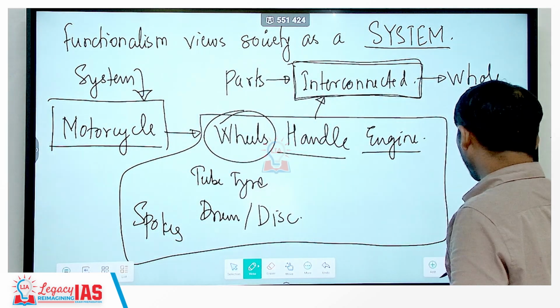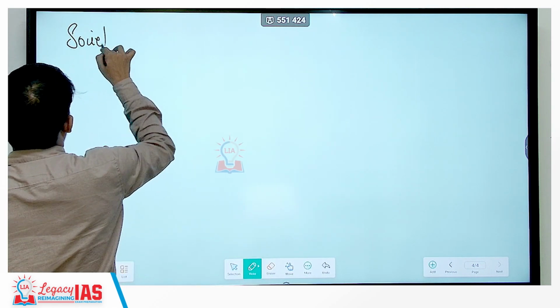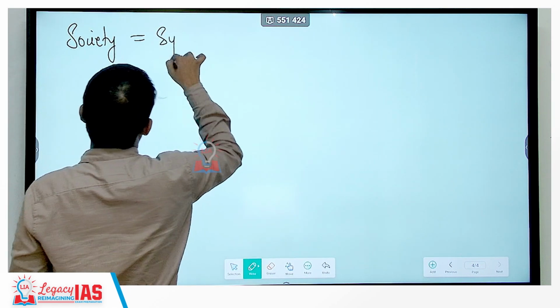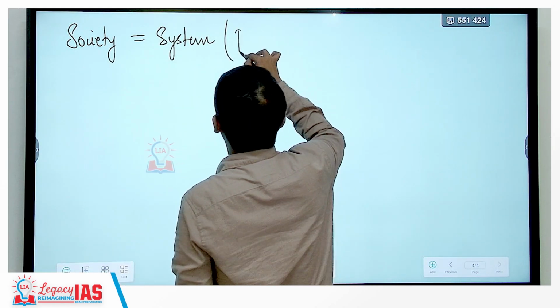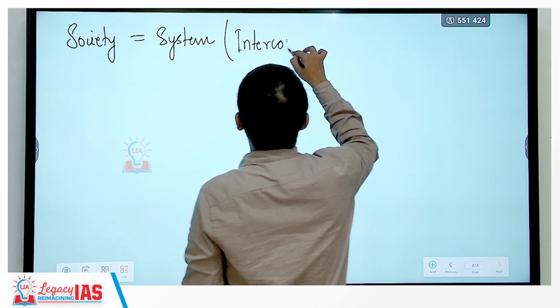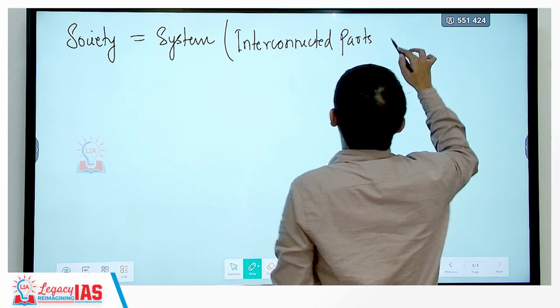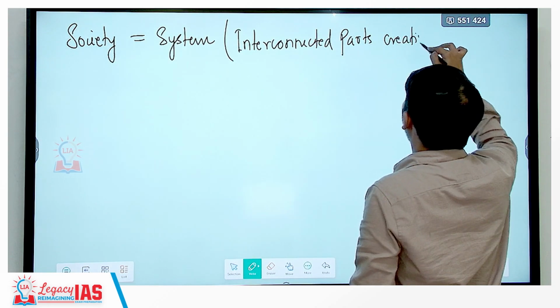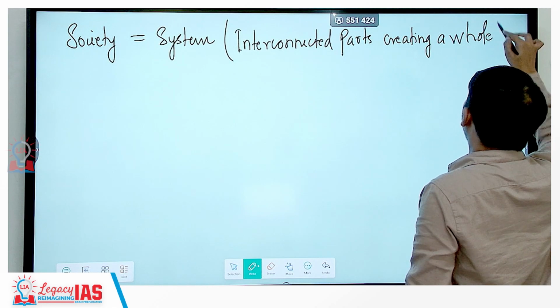So as per functionalism, society equals system, right? System meaning interconnected parts creating a whole, right?